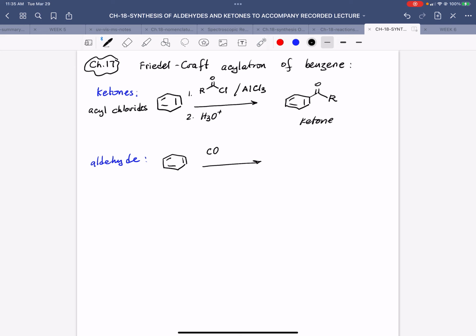We used carbon monoxide, HCl, cuprous chloride, and the outcome of the reaction was formation of an aldehyde. Okay? Moving on.